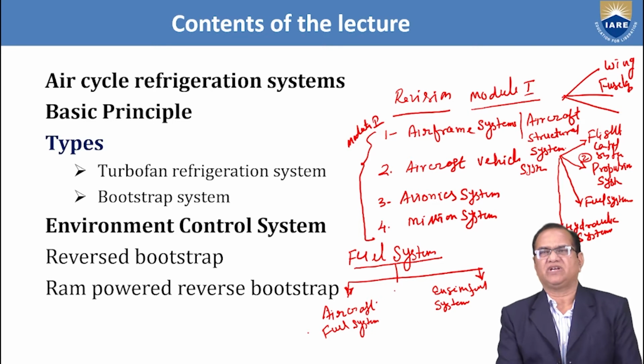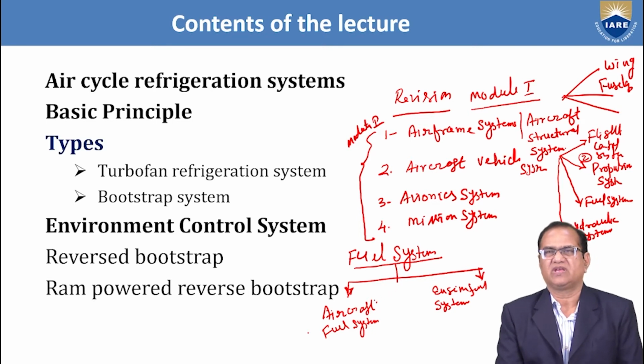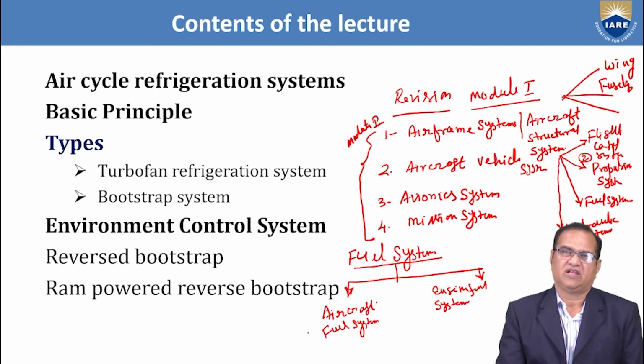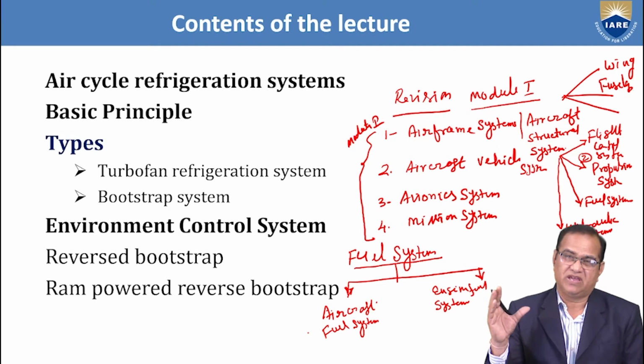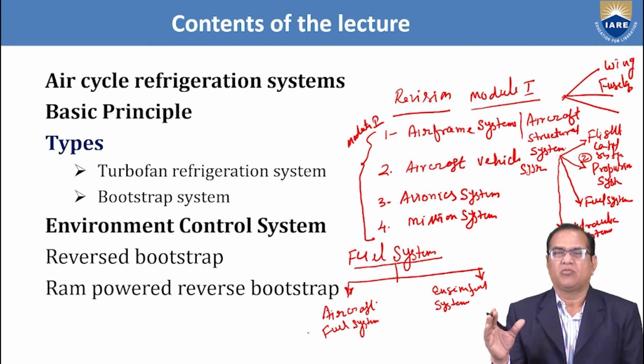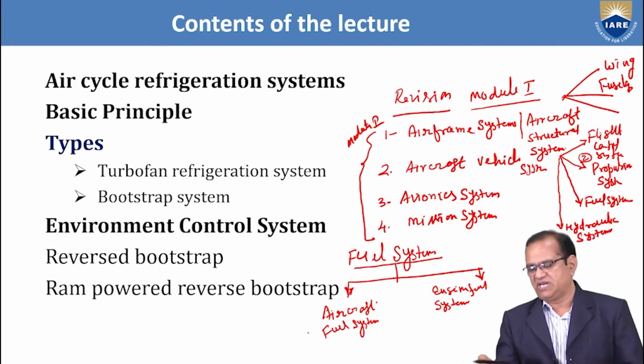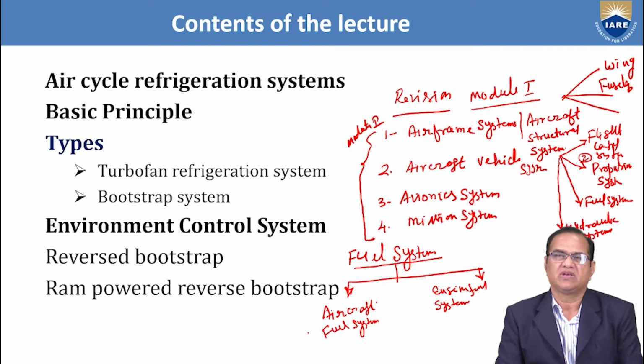So if I talk about the aircraft fuel system, just before the engine, the fuel is coming from the aircraft tanks. Mostly the aircraft tanks are located in the wings and belly of the fuselage.